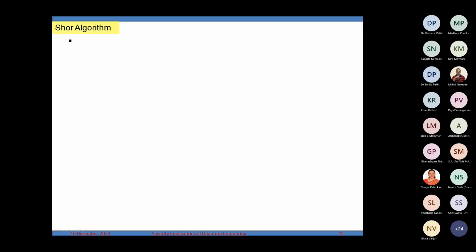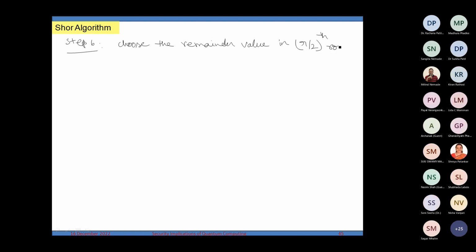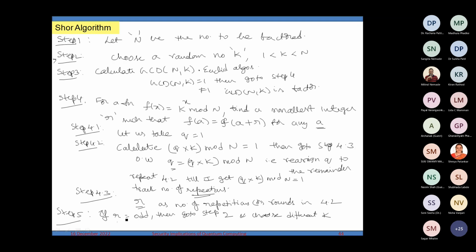That is my step 6. What I do is choose the remainder value in my R by 2 round in step 4.2 and call this P. Imagine the R value is even.